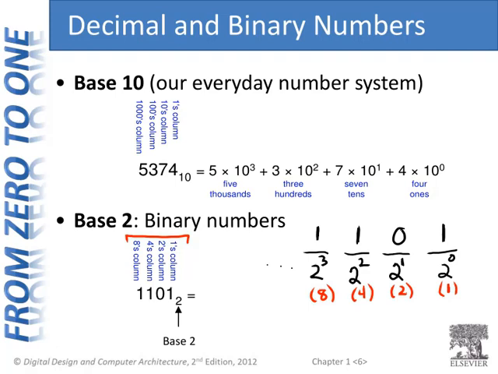And so if we want to figure out this value, we're going to take the bit, or binary digit, and multiply it by the column weight.